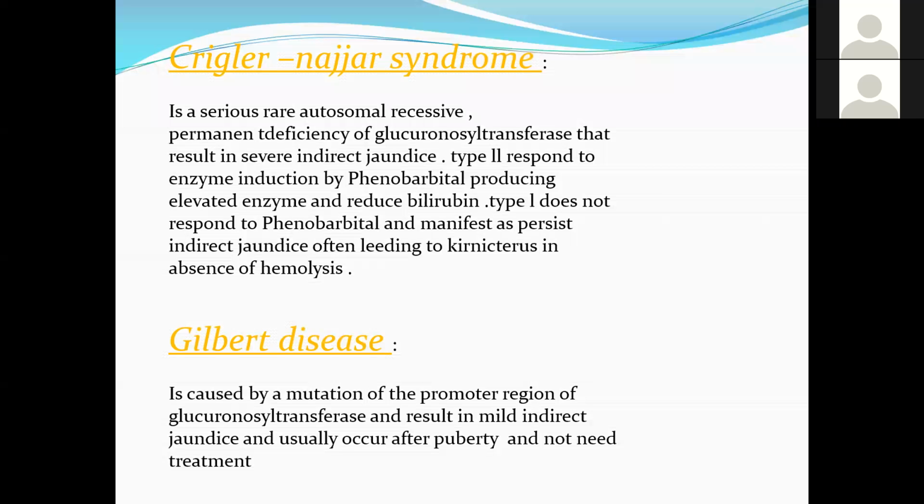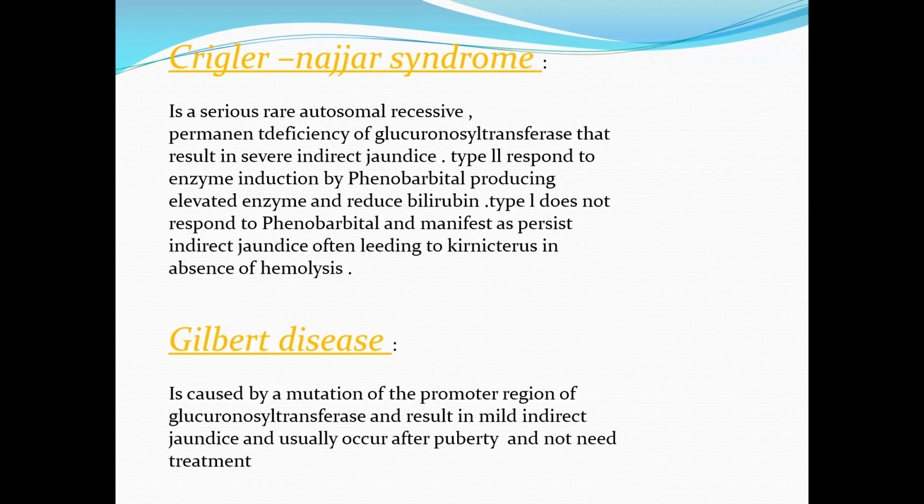An important metabolic cause of indirect bilirubin: a serious, rare autosomal recessive, of course it's inherited, permanent deficiency of glucuronyl transferase that results in severe indirect jaundice. The glucuronyl transferase enzyme is an important step in conversion of indirect to direct. Here in this condition, it is missing. We have 2 types.